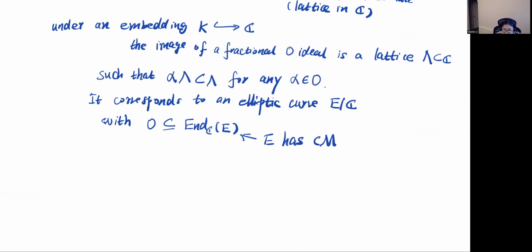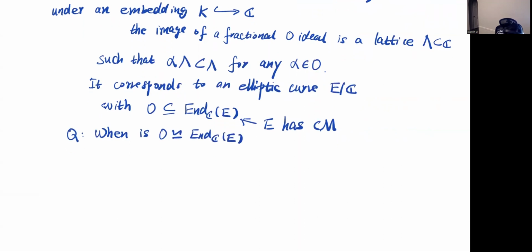So then the next question is, when is O actually isomorphic to the endomorphism ring of E? Well, the answer is when the fractional ideal is so-called proper.